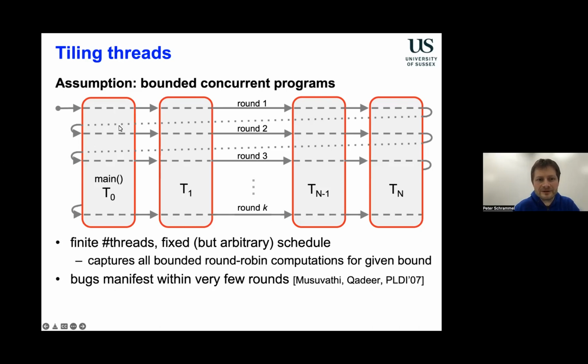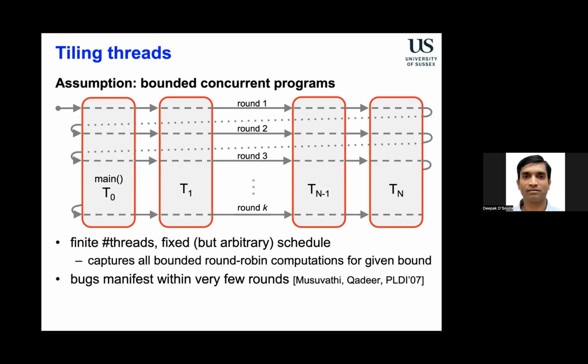In each round, we arrange the execution of the different threads in a round-robin schedule. So you first go to main, then to T1, etc. The T's are the threads, exactly.